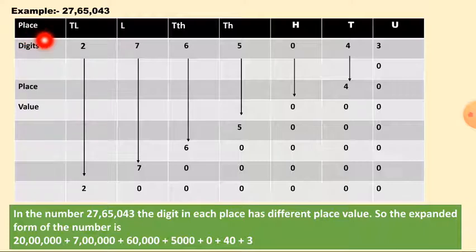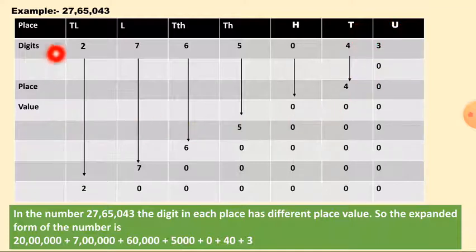First write place, then write 10 lakh, lakh, 10,000, 1,000, 100, tens and unit. Then write the digits on their places: 2 on 10 lakh place, 7 on lakh place, 6 on 10,000 place, 5 at 1,000, 0 at 100 place, 4 at tens place and 3 at the unit place.